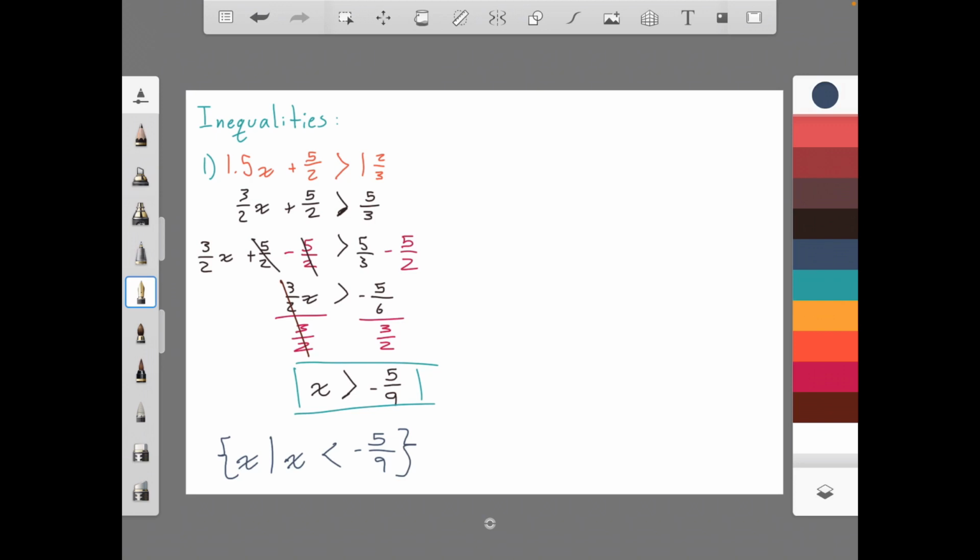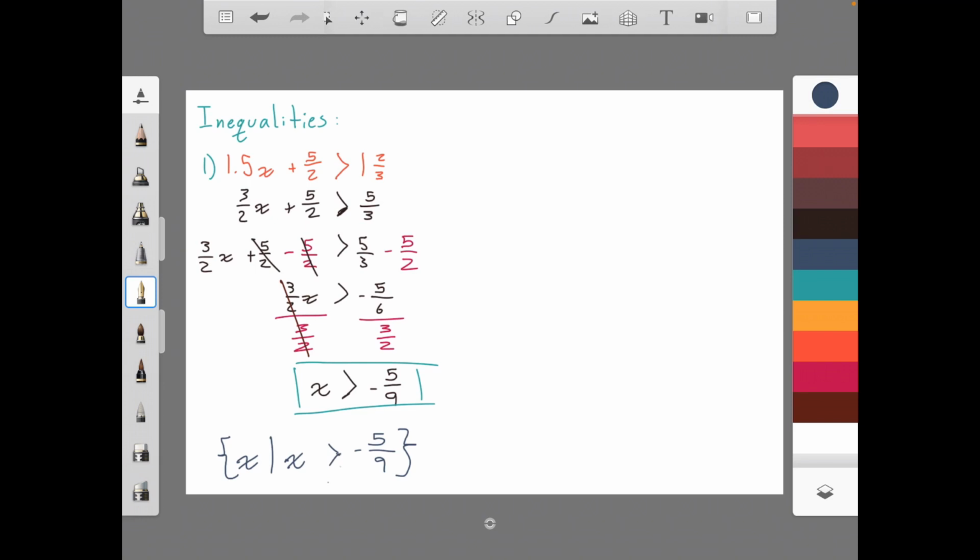So we say in this case the set of all x such that x is greater than negative 5/9. Now that you know how to do set builder notation, it's just a way of representing the answer we have.